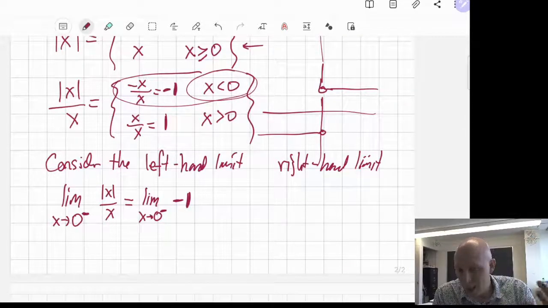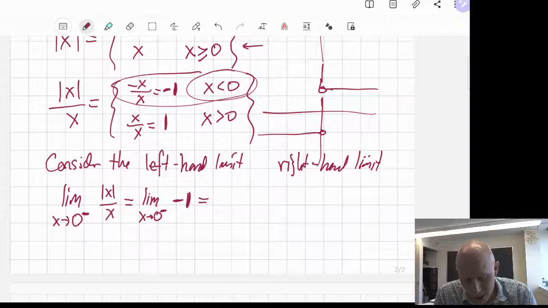Okay? Because all values less than 0 look like negative 1. And because they all look like negative 1, the value of this limit is negative 1. Sorry, the value is negative 1 all the way up until you get to 0, no matter how close you get to 0.